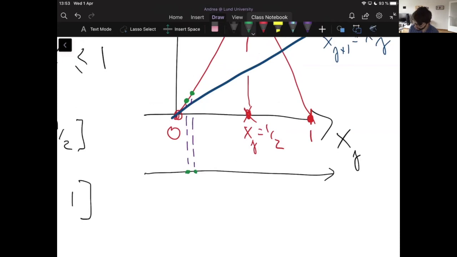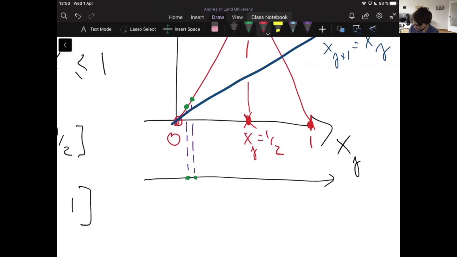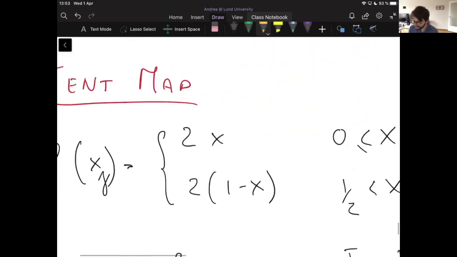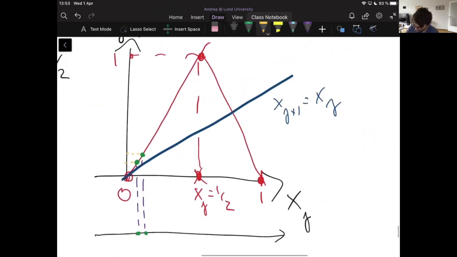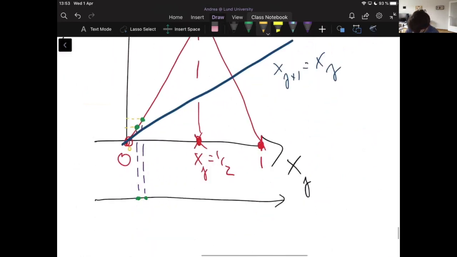The next iteration, they will have stretched because you have a proportionality factor 2. So if this point is 0.1 and 0.2, let's say, since the tent map is done like here at the beginning, just 2x, and x_{j+1}, so let's suppose this is 0.1, 0.2. Here it will be 0.2, 0.4. So it will double.